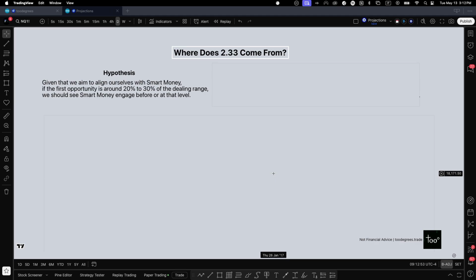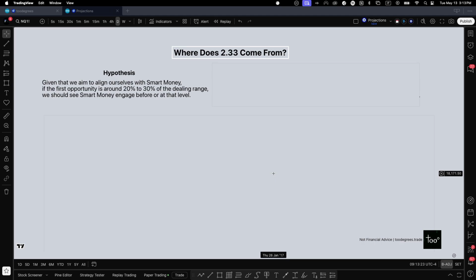So where does the 2 through 3 come from? Now, there's a little bit of interpretation. And as I said, it's my own interpretation of what ICT said. So take it with a grain of salt. But the hypothesis that we have is that we're smart money traders. We believe in the market maker theory for the market. So if the first opportunity is going to be around 20 to 30% of the dealing range, we should see smart money engage before it or at that 20 to 30%.